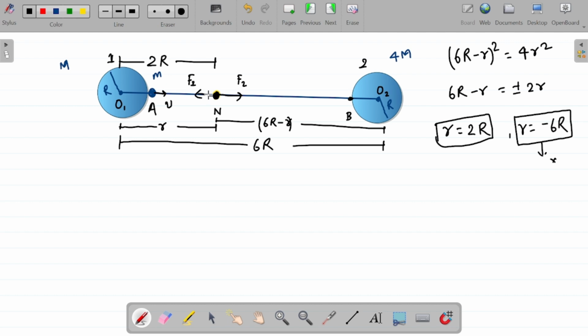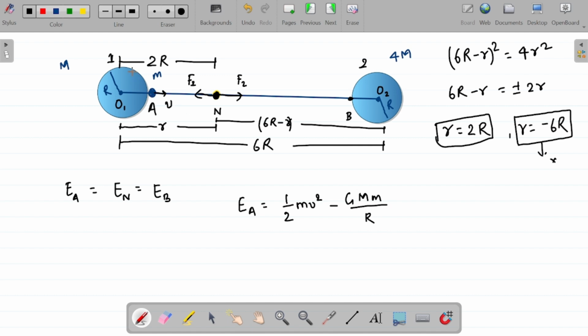Here we have to apply the conservation of energy, as we have done in the expression of escape speed. The total mechanical energy at point A should be equal to the total mechanical energy at the neutral point, at point N, and this should be equal to the total mechanical energy at point B. The total mechanical energy at point A will be, here we have thrown with velocity v, so there will be kinetic energy 1 by 2 m v square, and then minus G M m by r.